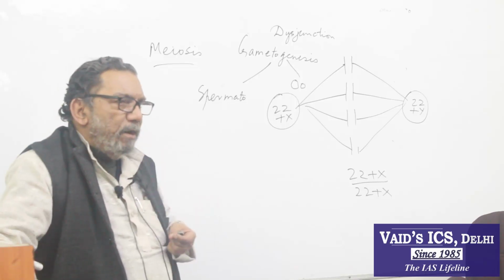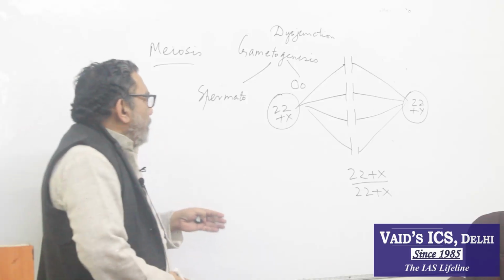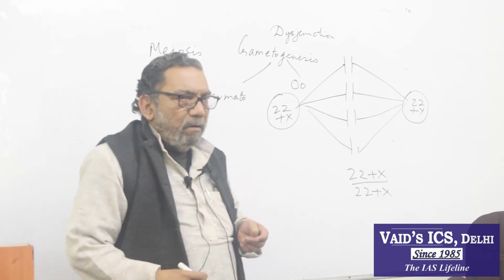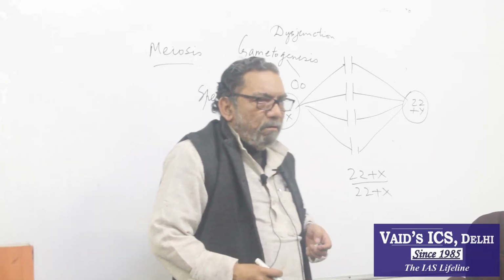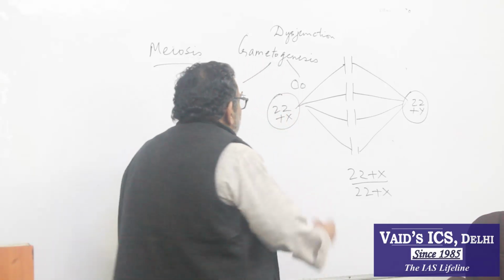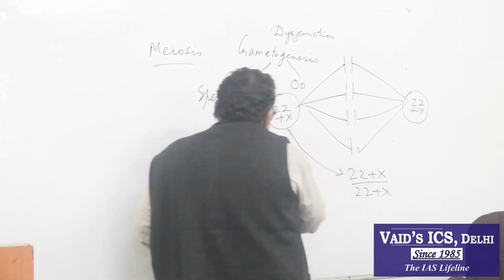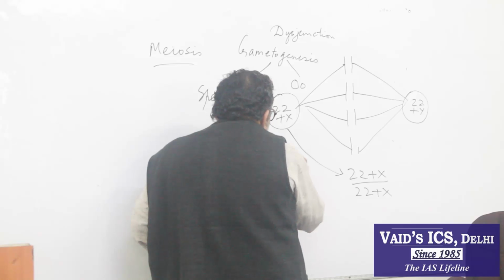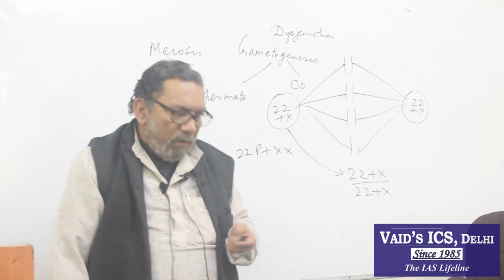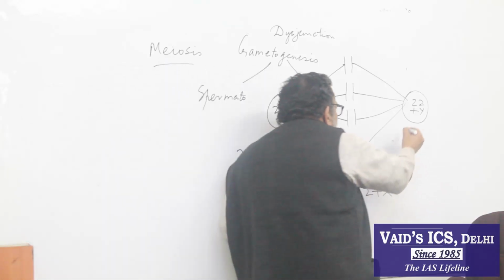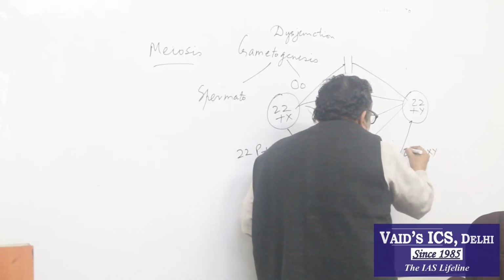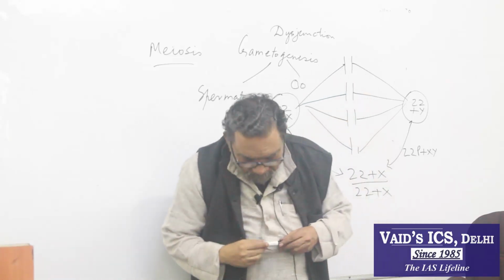That means 50% of the sperms will have 22 plus X, 50% will have 22 plus Y. But all the eggs will be 22 plus X. So, when this sperm combines with this X, it will result in 22 pairs plus XX. The baby will be a she. And if this one combines with this one, 22 pairs plus XY. Male baby.